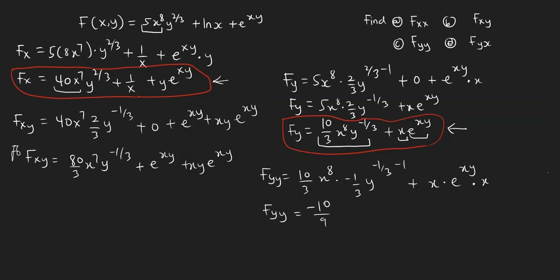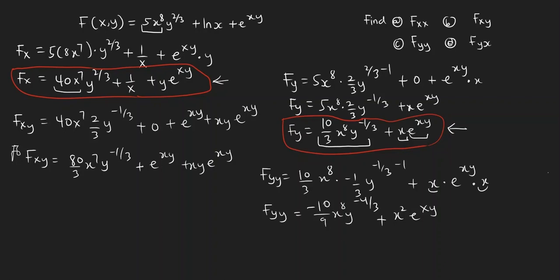So minus 10 on 9 x to the power 8, and then y to the power minus 1 on 3 minus 1. So that gives us y to the power minus 4 on 3. Okay, now let's look at what you have here. So we're going to have plus this x times this x, which will give us x squared e to the power xy. Okay, so that should give us our answer.